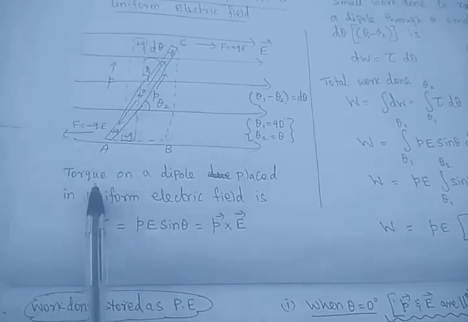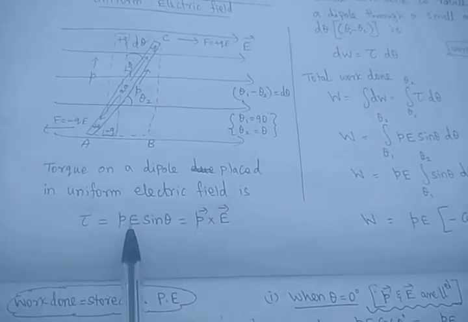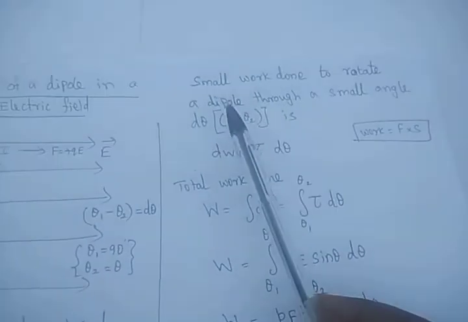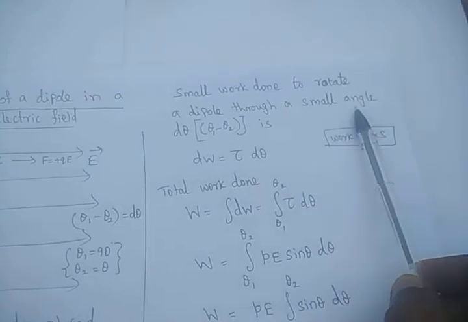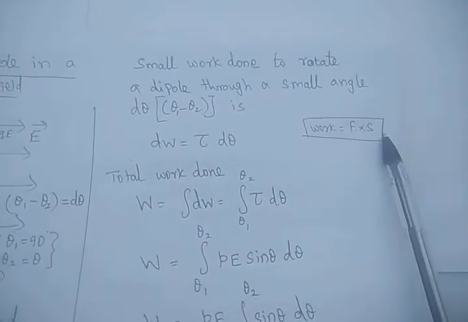Already we know that the torque on a dipole placed in a uniform electric field is tau is equal to pE sin theta, that is P vector cross E vector. Due to this rotation, a small work has to be done to rotate the dipole through an angle d theta. Work done is equal to force into displacement.